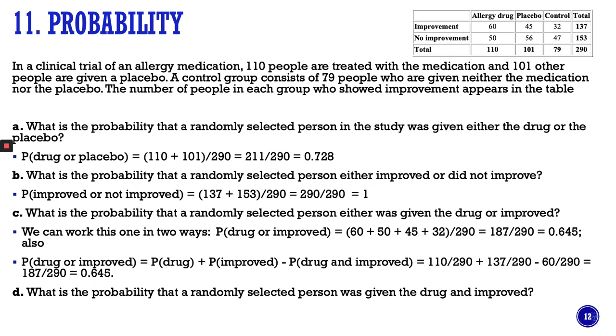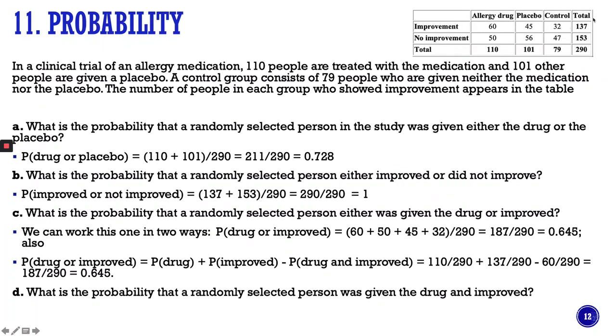Or we can also do the probability of the drug, which is this, plus the probability of improved, and then subtract out the one that overlaps, minus the drug and improved. So the probability of the drug is 110.